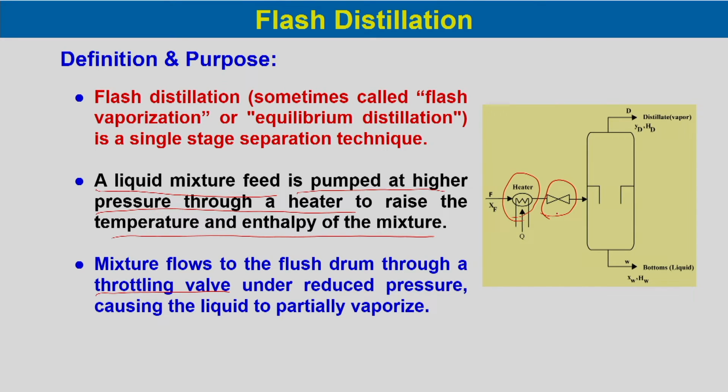Once it is pumped through the heater, the temperature of the liquid mixture increases, and then through the throttling valve it goes to the flash drum, which is under reduced pressure. So from the high pressure side to the low pressure side, that is how the throttling is used here.